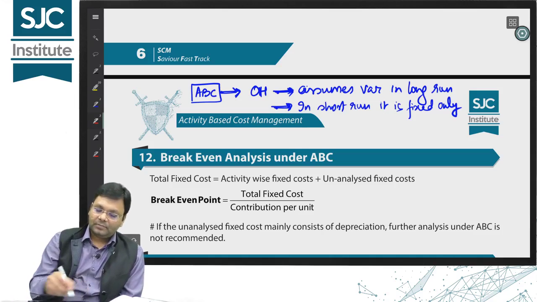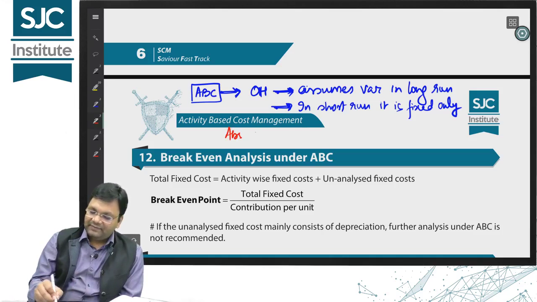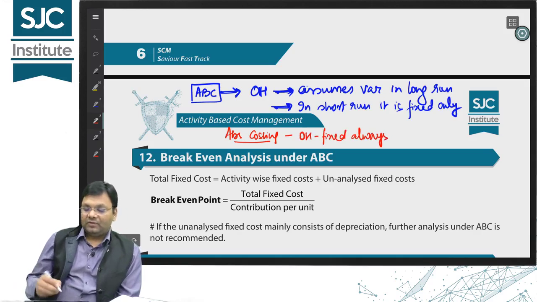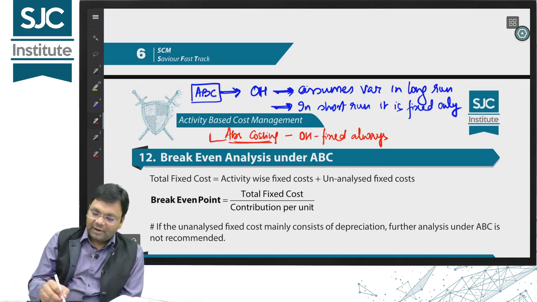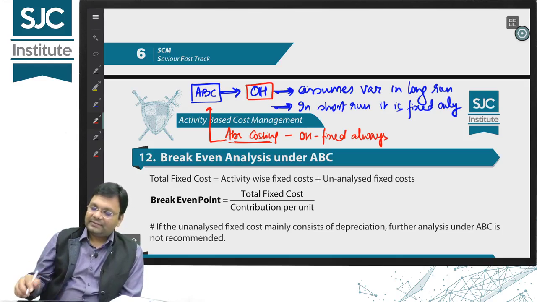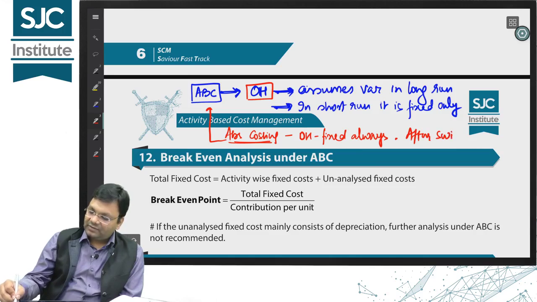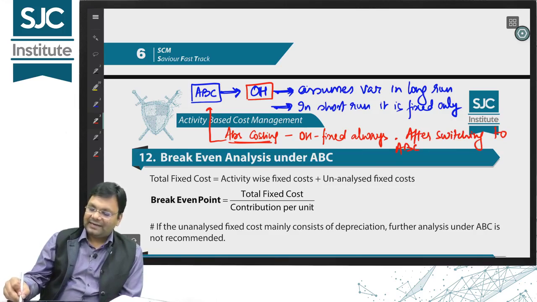So under absorption costing, when we study, all overheads are fixed always. So when we switch to activity based costing, what happens? We just break down the overheads into different activities. After switching to ABC, you may write this, you need not write this, you can just listen. You can always write it later on, guys.